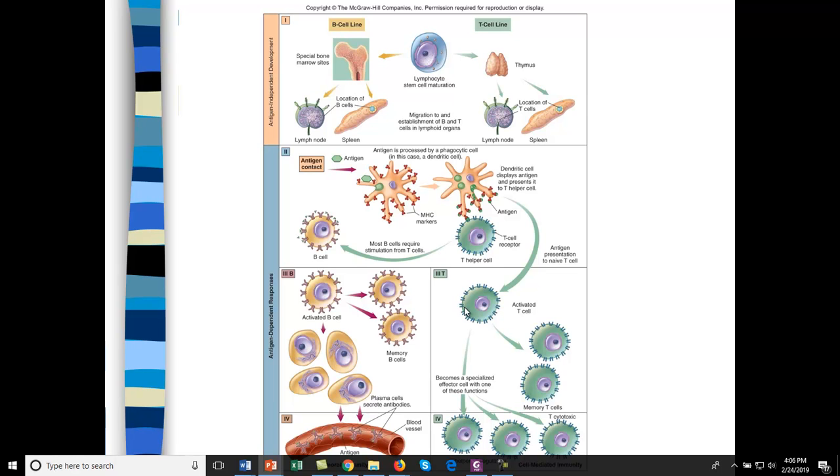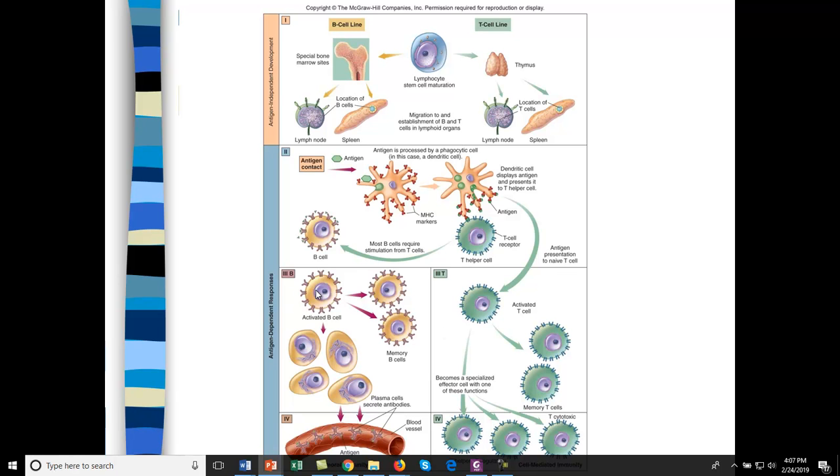Some of these T cells become memory cells. Okay, some of the B cells become memory cells, and these memory cells will proliferate over a lifetime, and they will remember that particular antigen that was displayed way back here. And they just rove the compartments, and they provide long-term immunization.